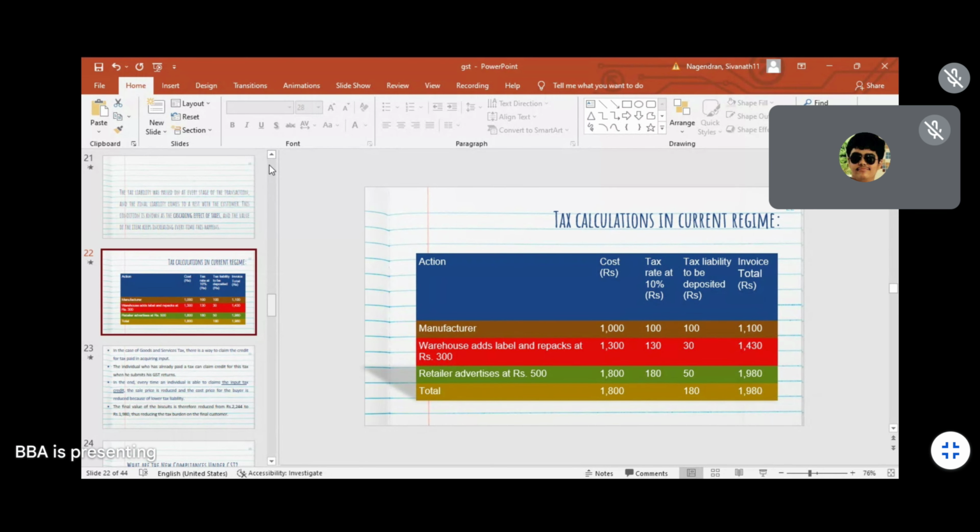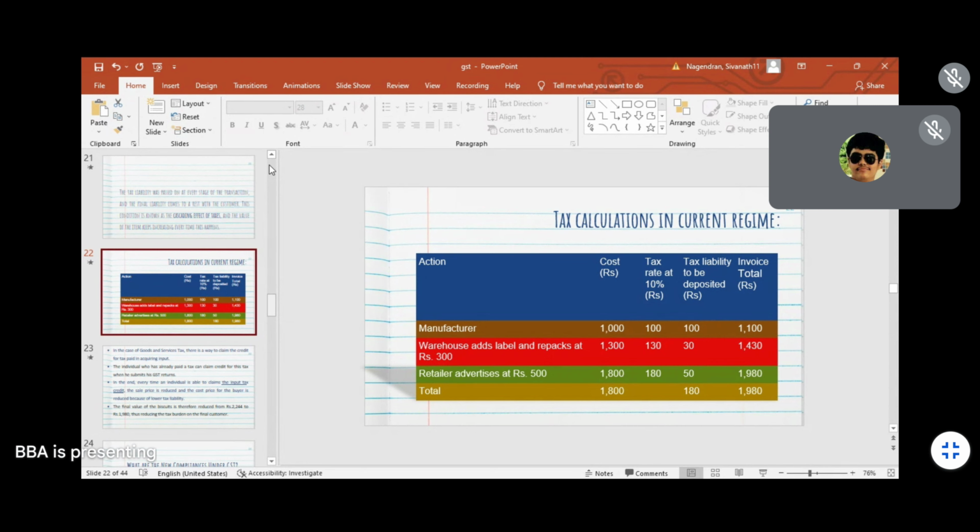The 10% percentage, from which amount is it calculated, is it for 1300 or for 300? 1300, ma'am. No, the 10% has been calculated for 300, the tax liability to be deposited. Yes, ma'am.